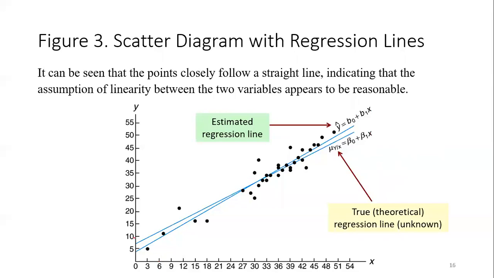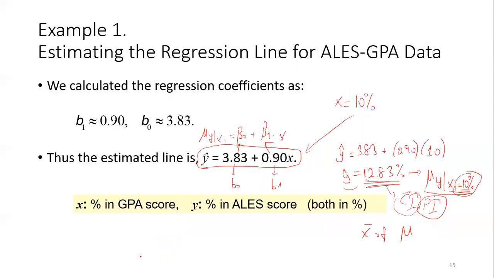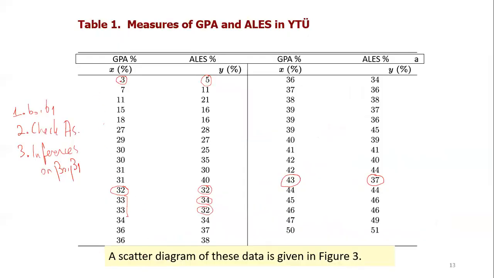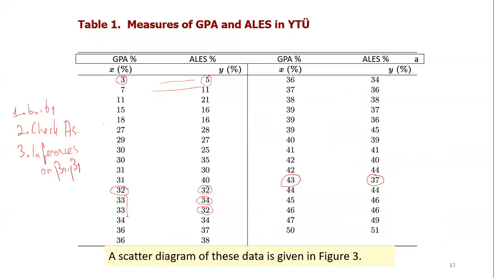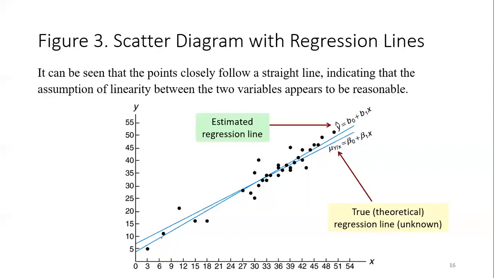So this is the data that we have, remember. This is the first observation, 3% and 5%. Just go back, you see 3% and 5% here, then 7% and 11%. Sorry, board.